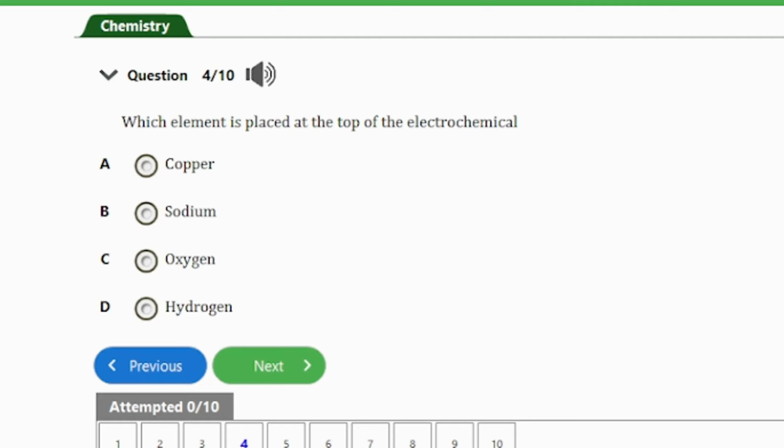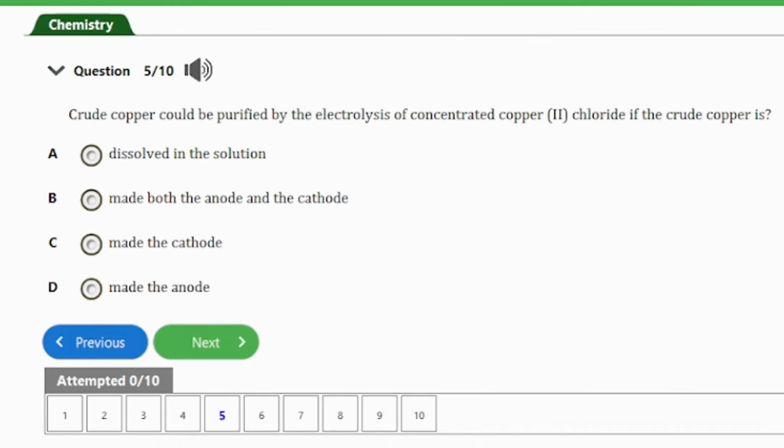Elements at the top of this series are more reactive and have a greater tendency to lose electrons and form positive ions. So sodium is the one at the top of this series. Out of the options we have here, copper, sodium, oxygen, hydrogen, sodium is the answer to this question, and that's option B here. So let's consider the next question.